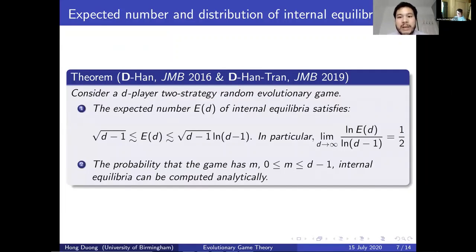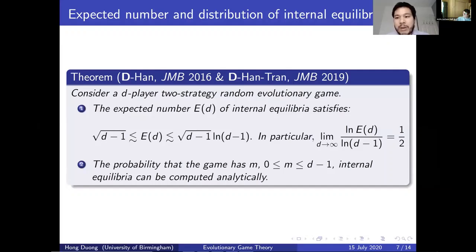First, we study the statistics of internal equilibria in d-player and two-strategy games. We obtain quantitative bounds of the expected number of internal equilibria, both lower bound and upper bound.